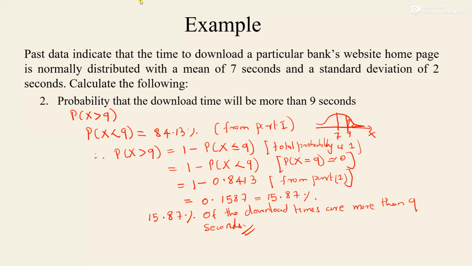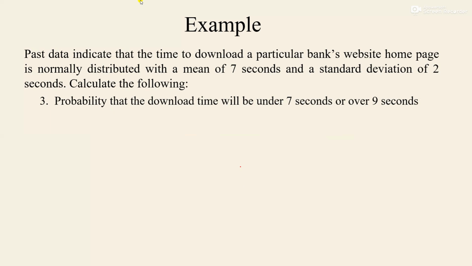Next part. The probability that the download time will be under 7 seconds or over 9 seconds. That is the probability of X less than 7 or X greater than 9. These two are not intersected, so these are mutually exclusive events.